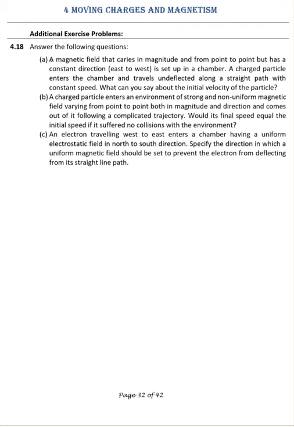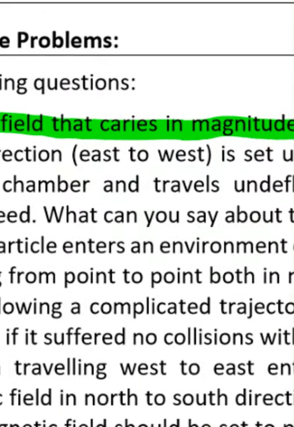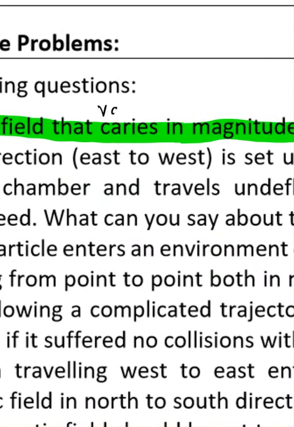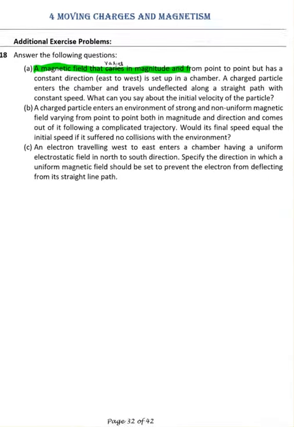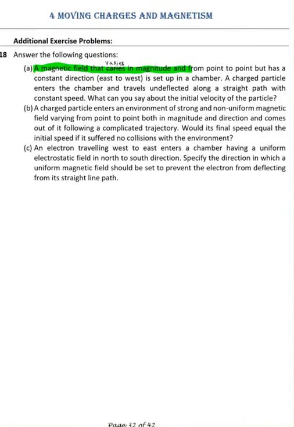First one is a magnetic field that varies, not carries, in magnitude and from point to point but has a constant direction east to west, is set up in a chamber.